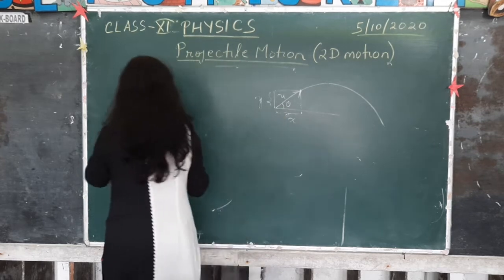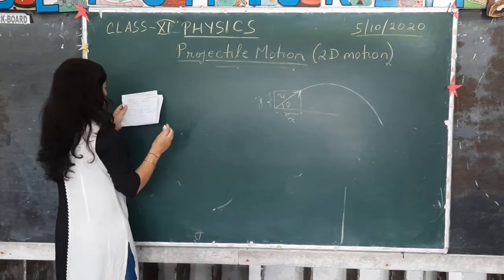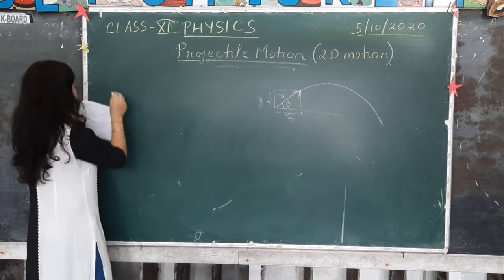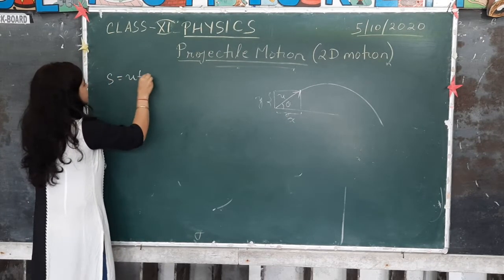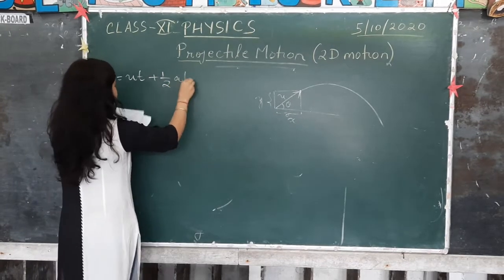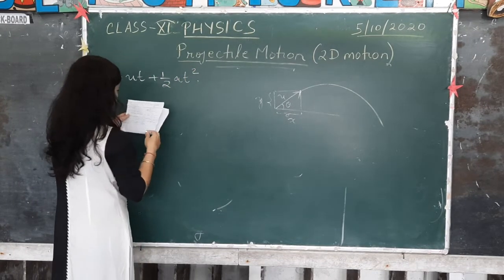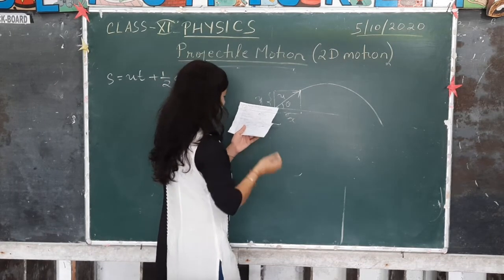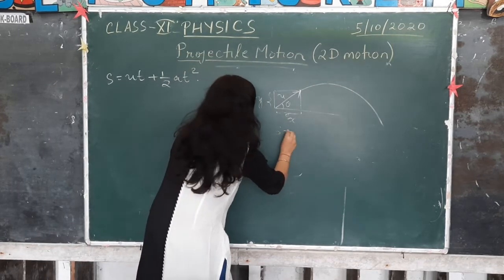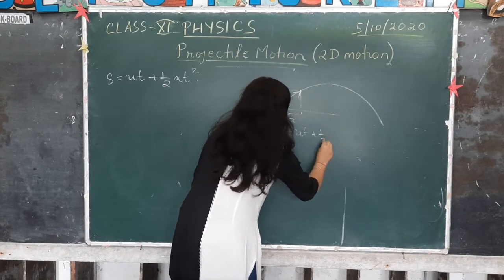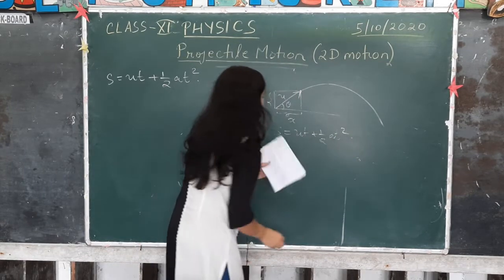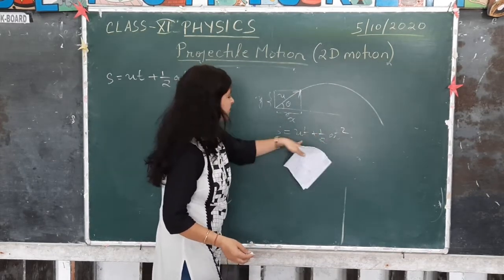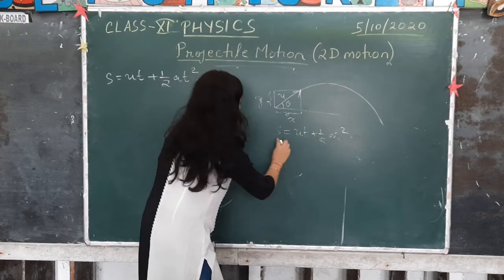Now we will use the equation S is equal to ut plus half at square. Before that, we will just try to find an equation in the x direction, because a is equal to 0, so this will be a simpler equation.